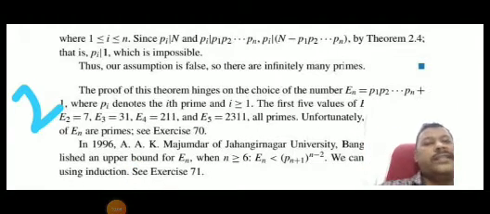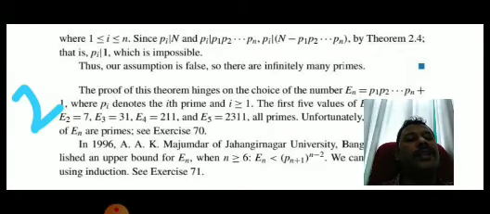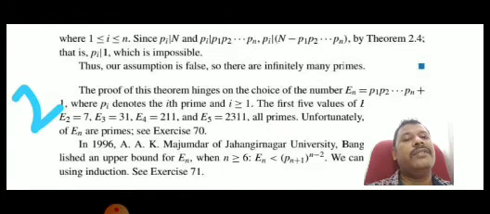Where 1 is less than or equal to i, less than or equal to n. Since pi, a prime factor, divides n, and pi divides p1 p2 etc. pn, pi divides n minus p1 p2 etc. pn, that is, pi divides 1, which is impossible.